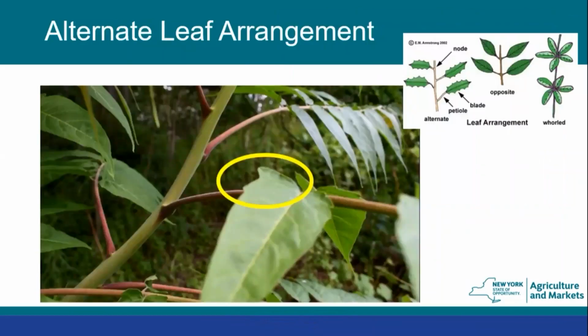One telltale sign: let's talk about their leaf arrangement. They have alternate, pinnate leaves. So they have compound leaves that are pinnate, with very small, narrow leaflets on a single leaf. They come off of a central petiole, which you can see there. The base of the petiole is kind of that bright red.